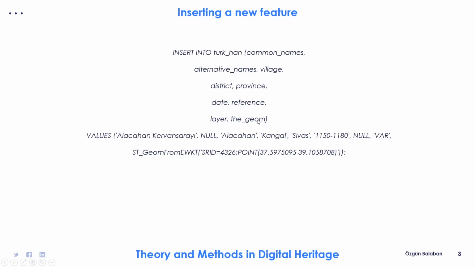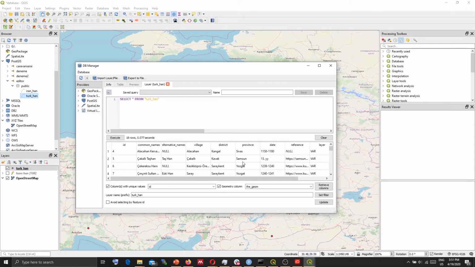And then for the geometry, there's a function that comes with PostGIS. So it's ST_GeomFromWKT, and you supply the geographical reference system. So in this case 4326, and point, longitude and latitude. So if you insert this here.